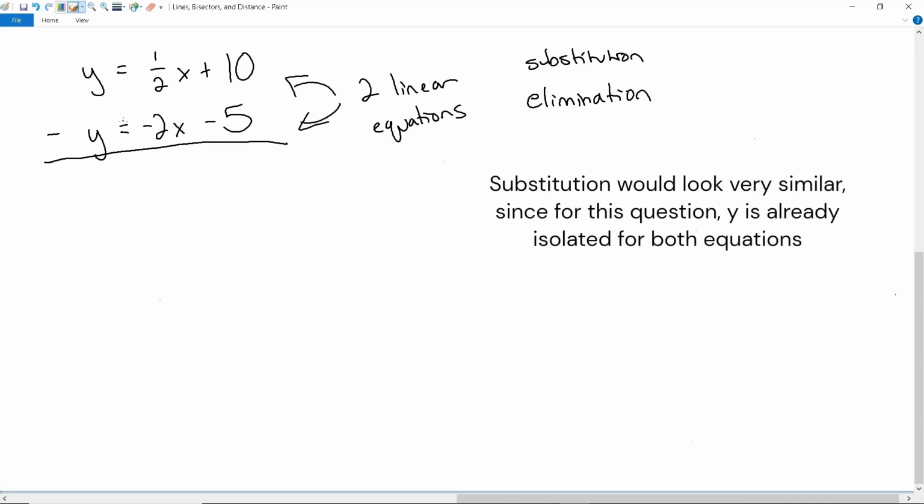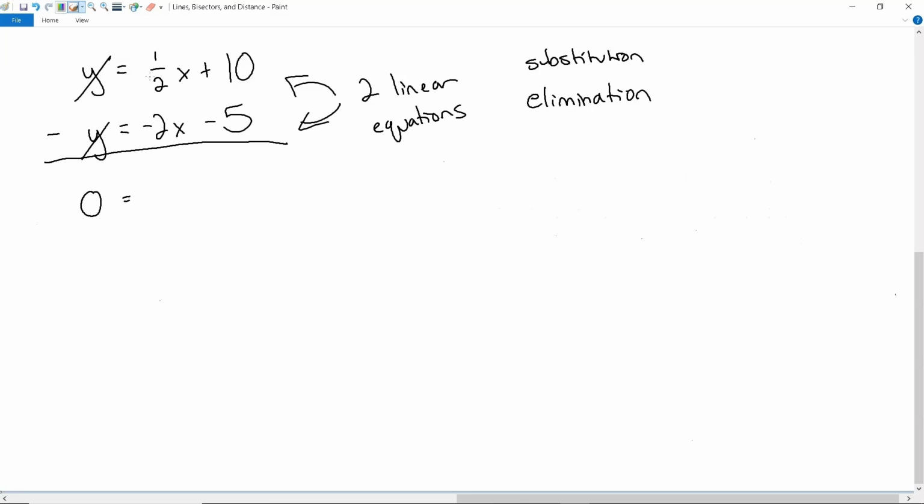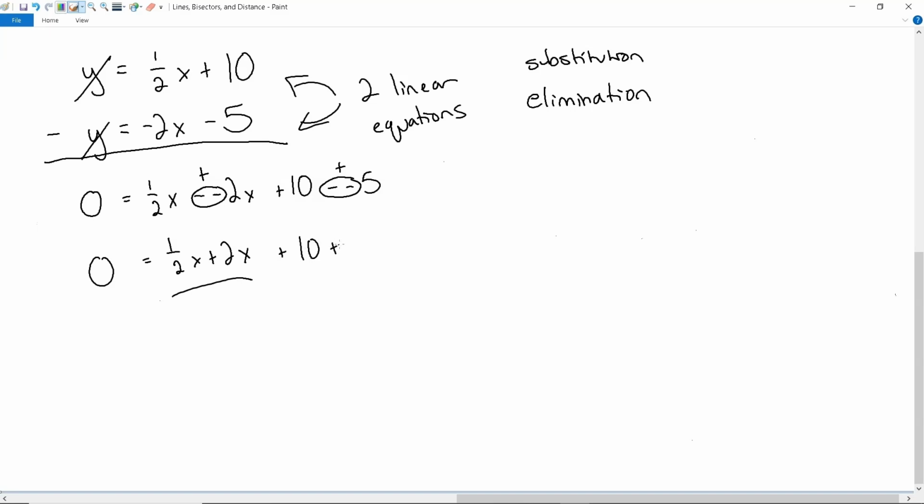So if I subtract one of these equations from the other, that will eliminate my y value. That gives me a 0. Now we have 1 over 2x minus negative 2x plus 10 minus negative 5. So make sure you're keeping track of your negative values because we're going to have to cancel those out when necessary. So this looks like adding these two terms together and adding these two terms together.